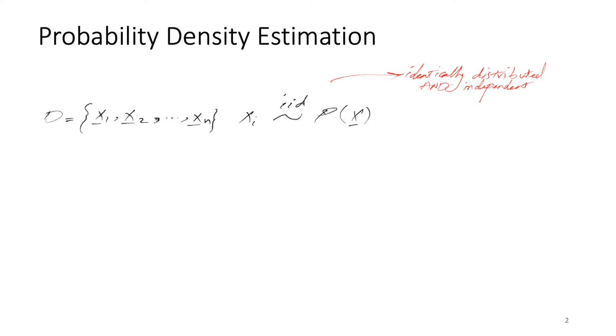We have several x's that come from a certain distribution. We want to find an output p hat of x, which is an estimate of that probability density given those x's. We want to understand the different distributions.